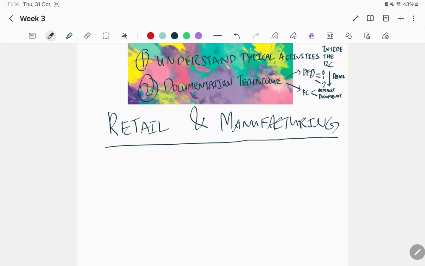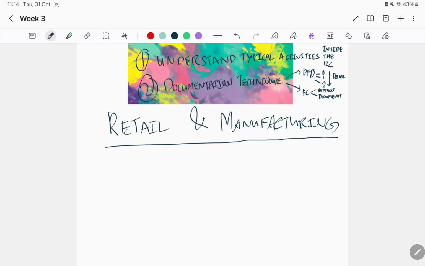But what I would like to highlight is a retail business that provides goods or inventory to other businesses. So business to business retailer, then we can look into the activities that reside inside the business processes of this revenue cycle in more depth, more detail.